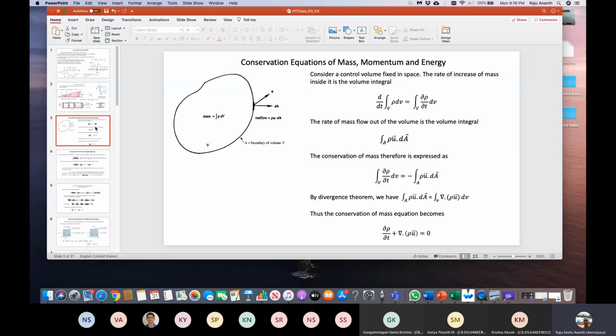So here I'm going to consider a control volume. This is not a closed surface, by the way. This is a control volume where the mass can penetrate the boundary. I'm keeping this stationary in space, but I'm observing exactly what is happening inside, and eventually the rate of change of momentum here will be the force applied on this control volume.